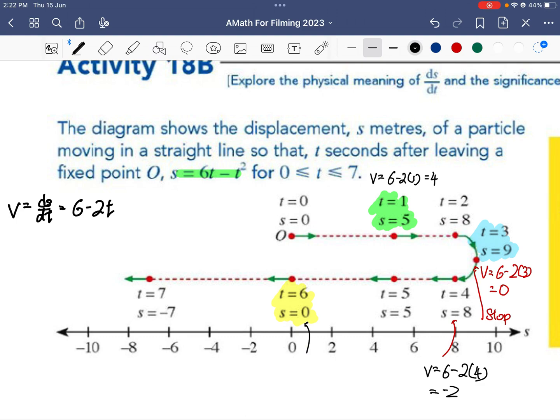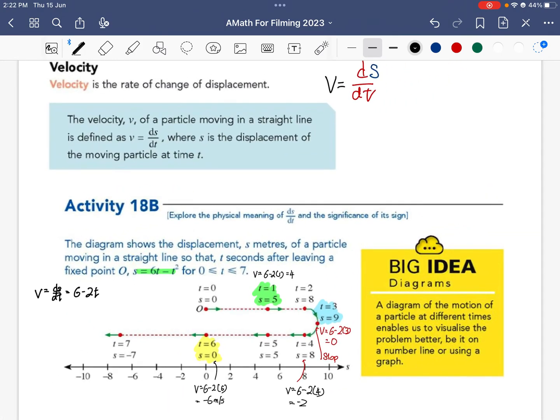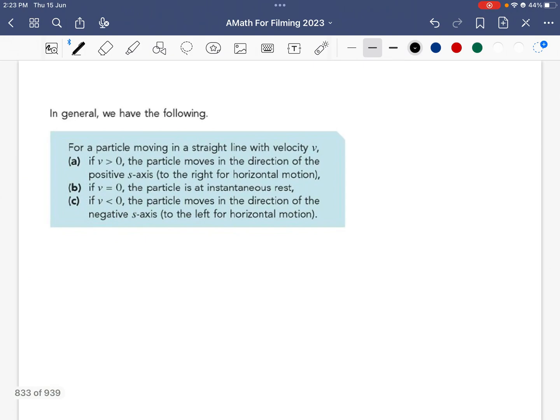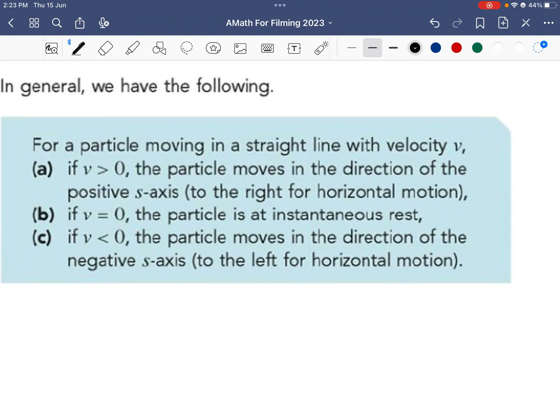Just to give you a final example, at t equals 6, the velocity is 6 minus 2 times 6. The velocity is negative 6 meters per second. It's moving towards the left. So basically, when the velocity is positive, it's moving to the right, in the positive s direction.